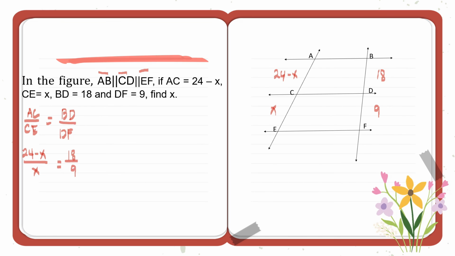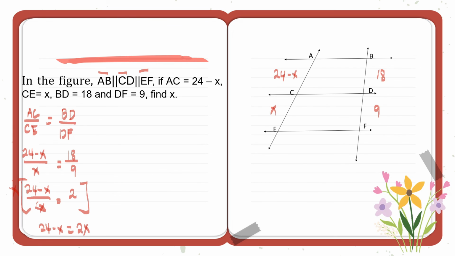Since 18 can be divided by 9, we can write that as 24 minus X over X equals 2, since 18 over 9 is simply 2. So to remove X here, we multiply the whole equation by X. So we get 24 minus X equals X times 2, which is 2X.